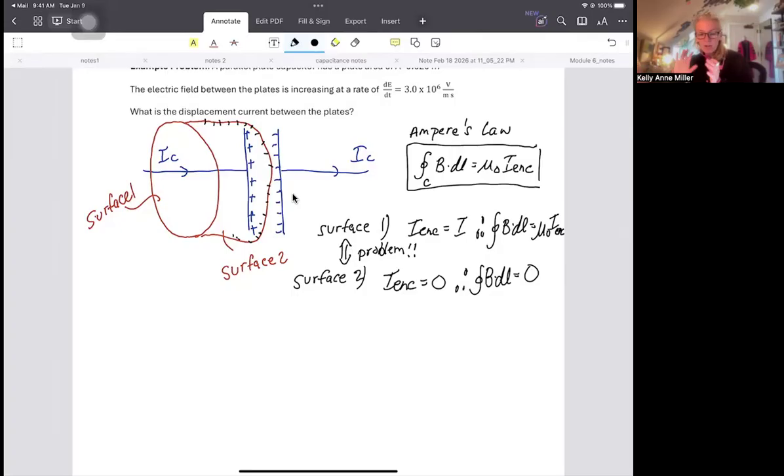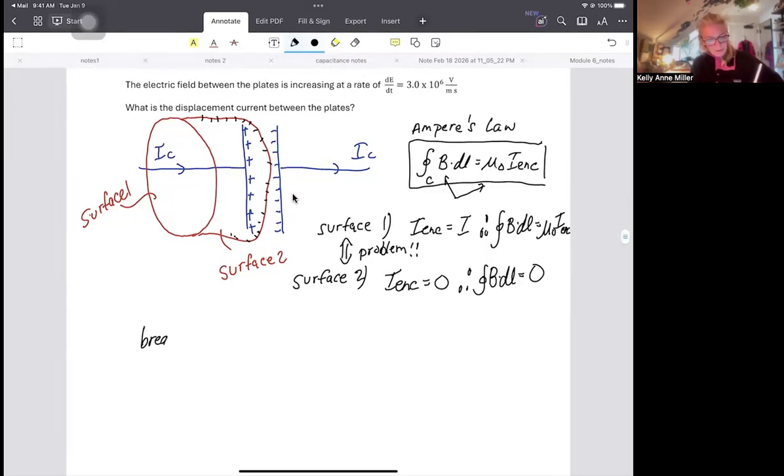And therefore, according to Ampere's law, there has to be a current, because a B field has to have a current. So in that way, Ampere's law breaks down, because these two surfaces yield different results. Therefore we must expand Ampere's law to the Ampere-Maxwell law. So there's a breakdown in Ampere's law.